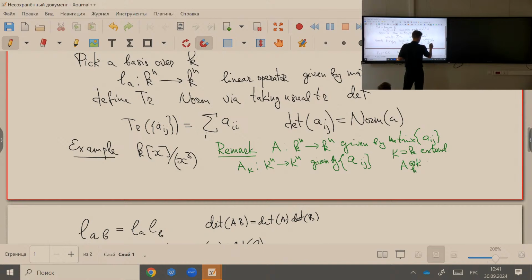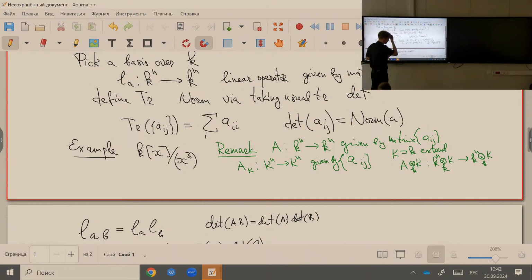So taking the tensor product, you take K^n and tensor it by K, and simply consider the operator induced on the tensor product. If you do not want to pick a basis, you may think of it like this operator. If you already have picked a basis, it is even easier to say that you are giving it by the same matrix.